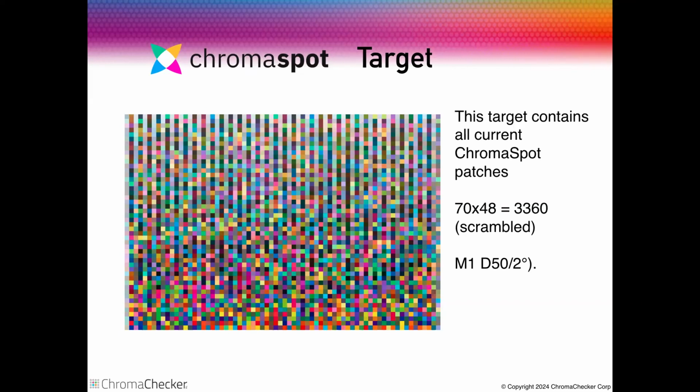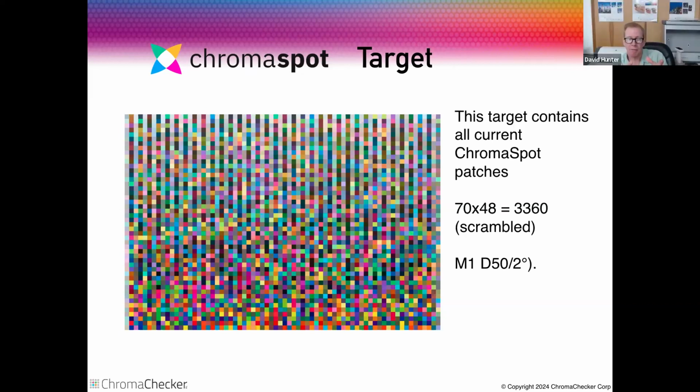Okay. So the next question is, can I import the ChromaSpot library in my RIP? Is it available for all RIPs? So CXF is Color Exchange Format. It's a universal exchange format for color libraries such as ChromaSpot, and most RIPs support the CXF file format.